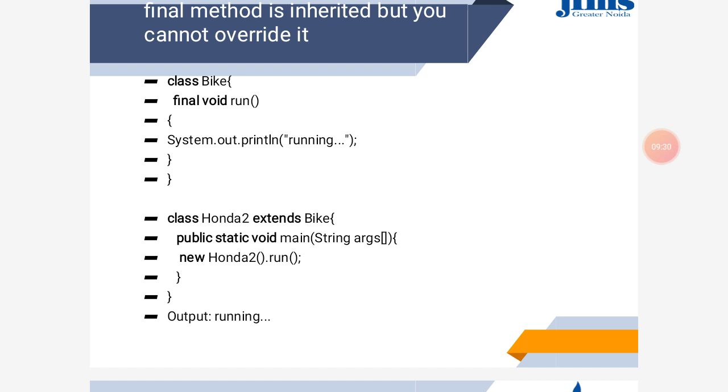Like in the Bike class, there is one method run that is final, and you will not be able to change its output. Say there is one statement, System.out.println("running"). So this method is a final method. When a simple class Honda 2 inherits this Bike class, and you create an object and call the run method with it, you can call that method.